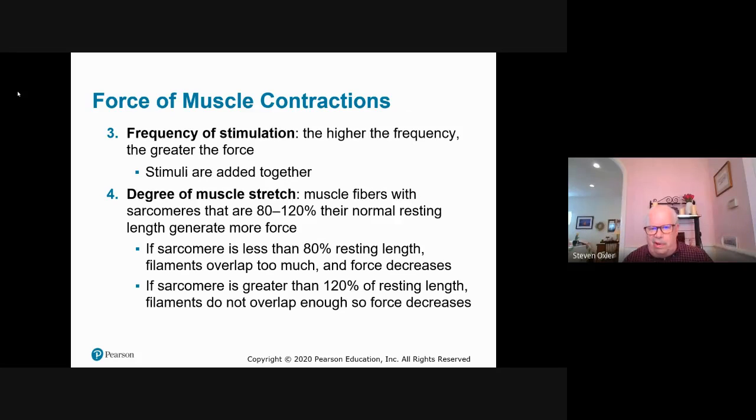If the sarcomere is less than 80%, the filaments overlap too much and the force decreases. If the sarcomere is greater than 120% of the resting length, the filaments do not overlap enough, so the force decreases. So the ideal is that the muscle fibers with sarcomeres that are 80 to 120% of their resting length generate more force.